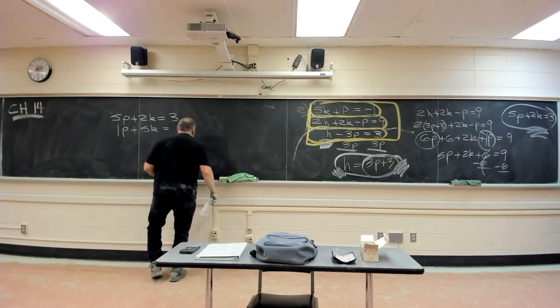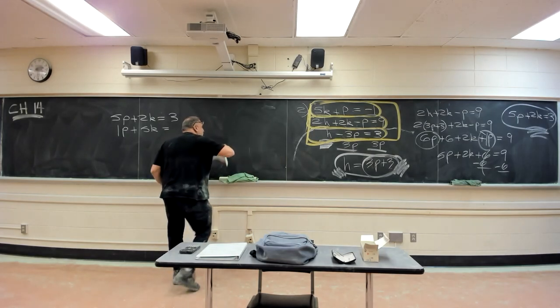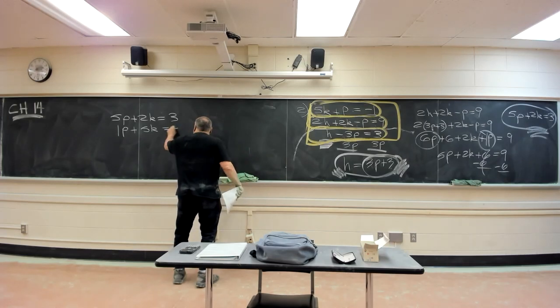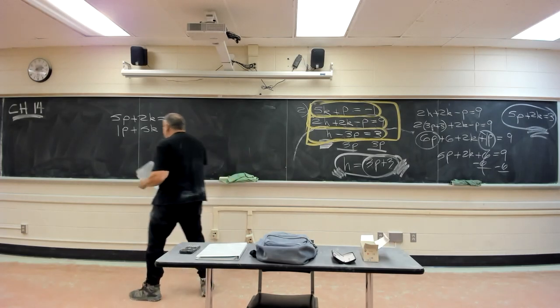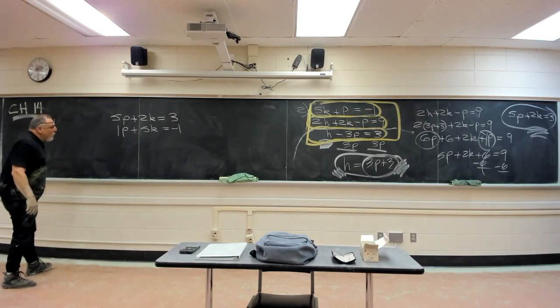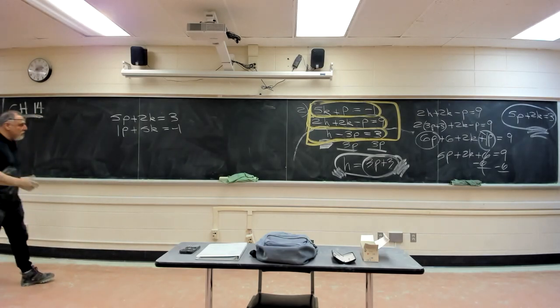P is 1 times p. I can go 5k plus p, or p plus 5k. Guys, the big thing that just happened here is we have 2 equations and 2 unknowns. Those typically aren't that difficult to solve, if we're careful.